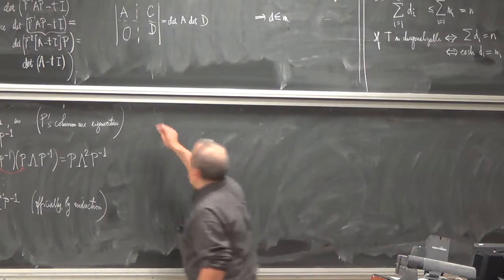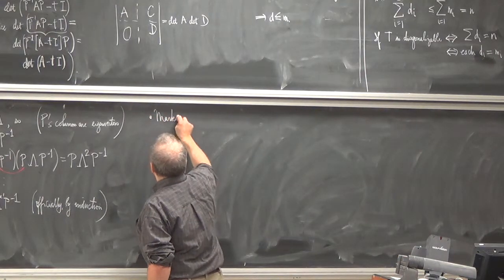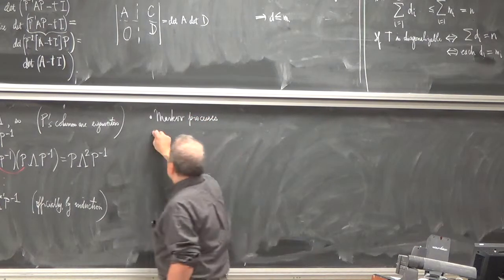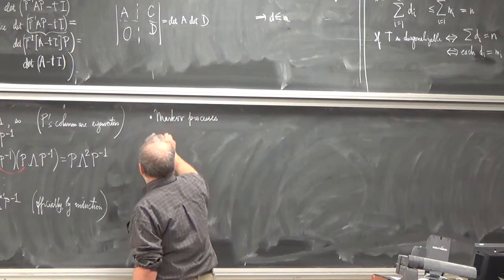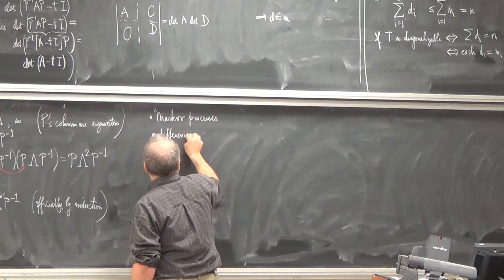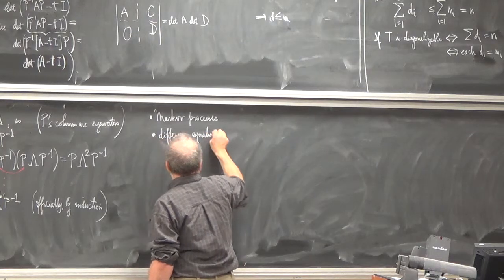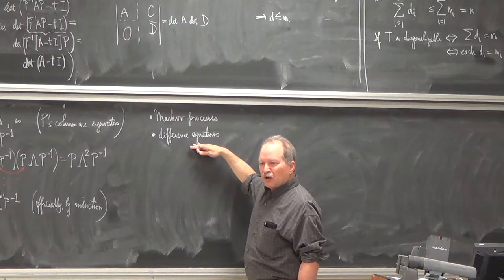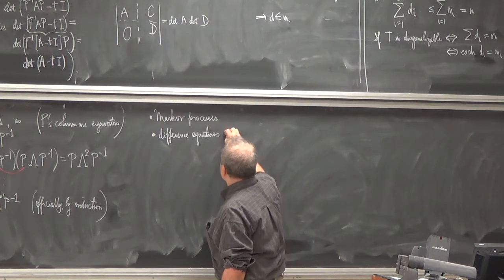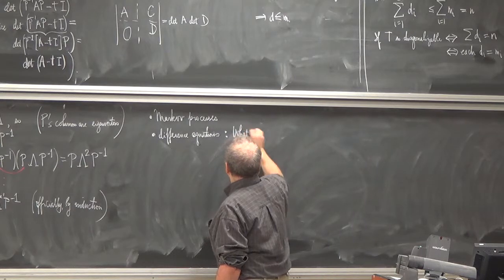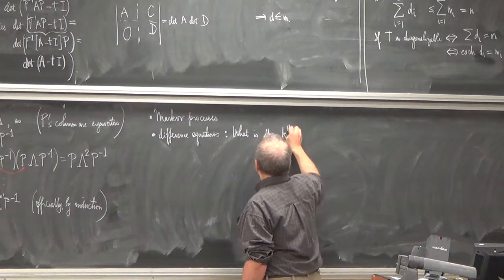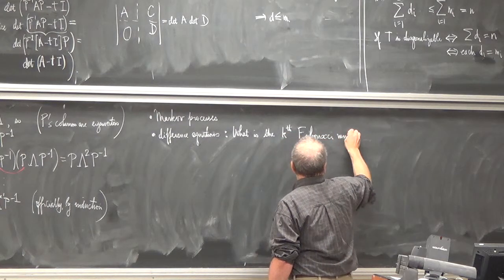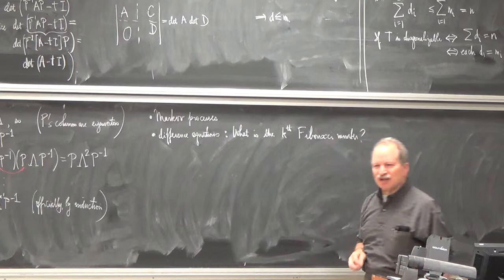So the two main applications are Markov processes, which ties in with probability and statistics, and the second is difference equations. For example, the example we're going to do in a moment is: what is the kth Fibonacci number? So that's really a linear algebra problem.